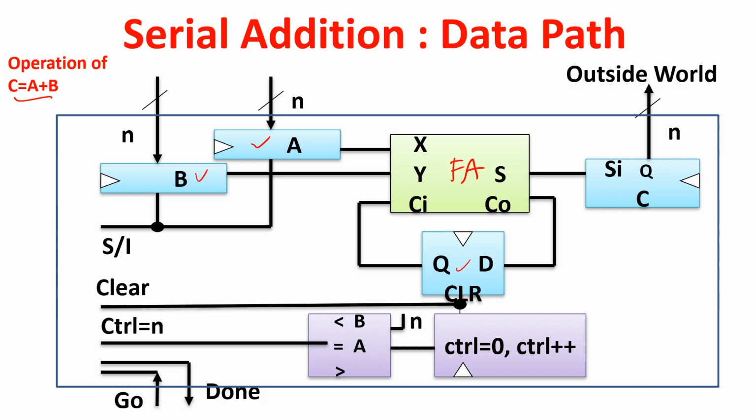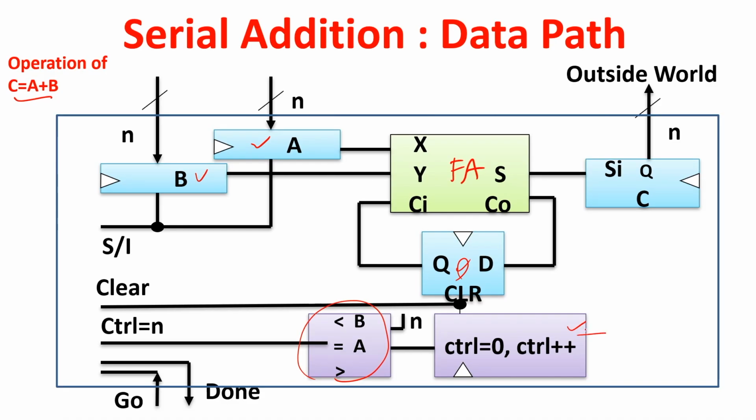Initially we are clearing the carry bit with the clear signal. There is a comparator, and there is a register where you can load and increment.